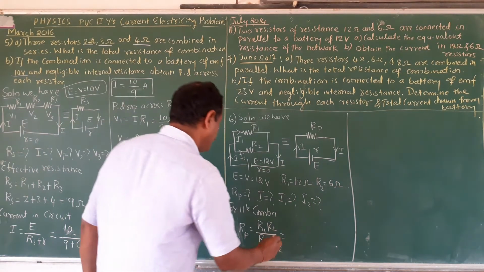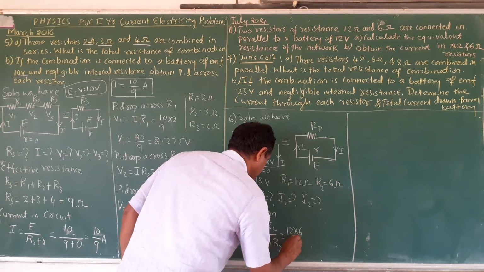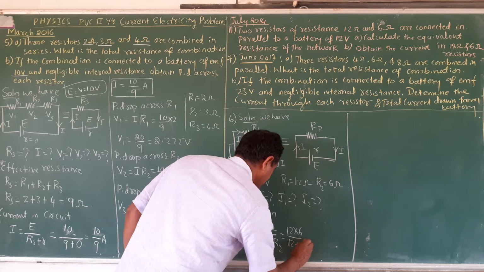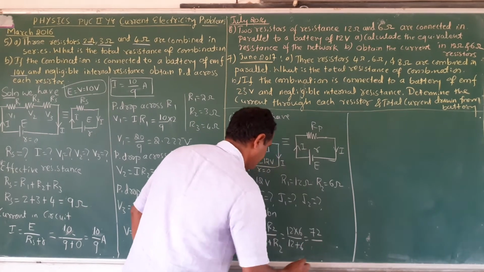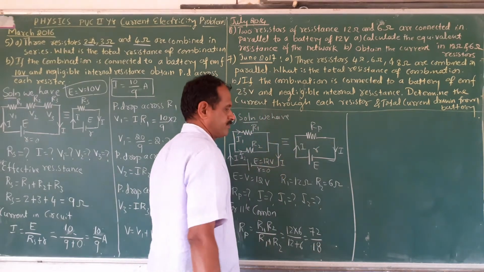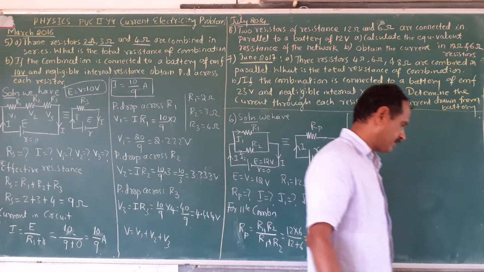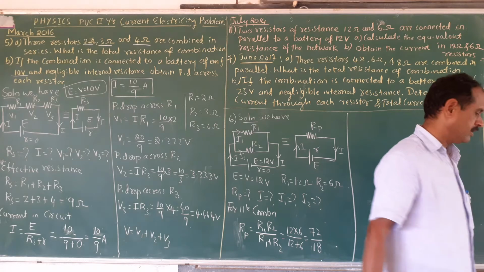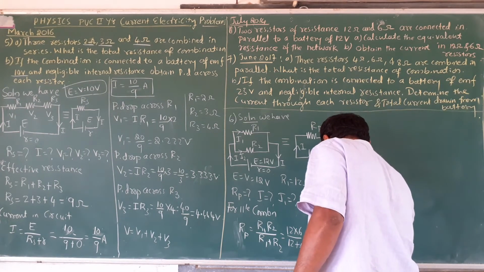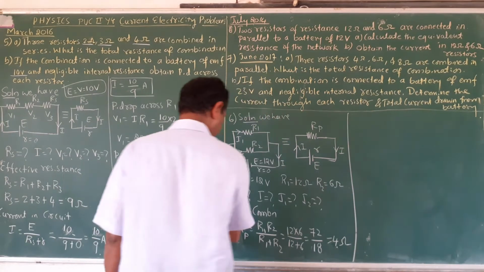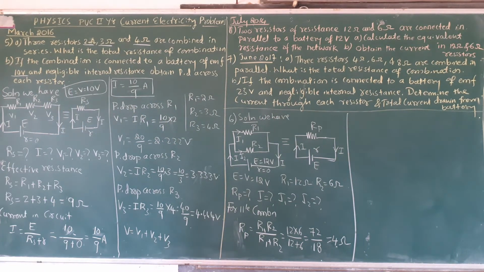Then 12 into 6 divided by 12 plus 6, that is 72 divided by 18. What is the answer? RP is 4 ohm. Your answer is 4 ohm.